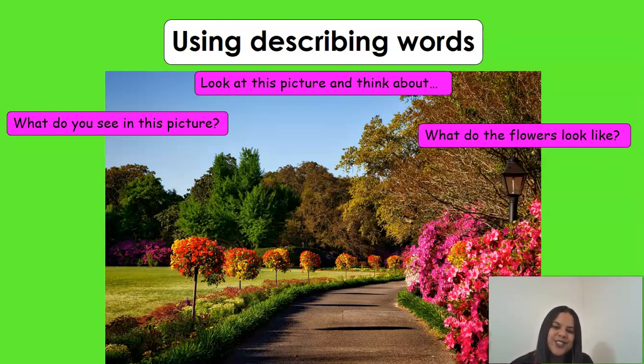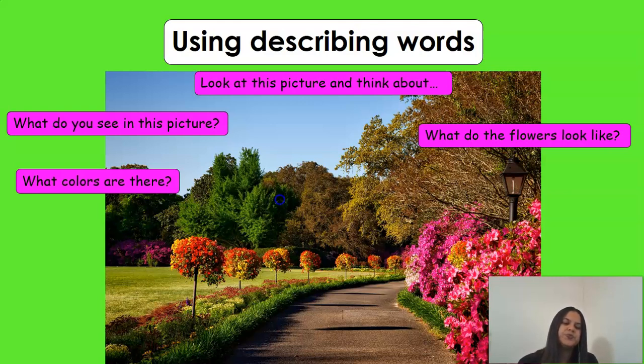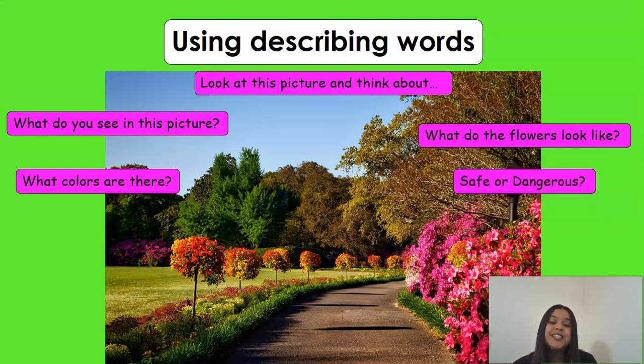What do the flowers look like? What colors are they? Do you think this place is safe or dangerous? When you look at it, does it make you feel safe or does it make you feel like you'd be scared to walk alone there? Think about that.